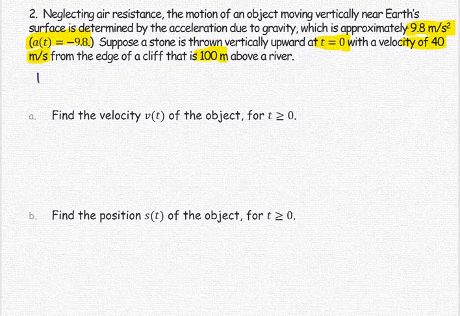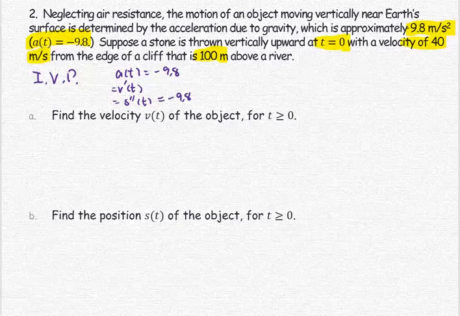For this problem, the initial value problem is of the form a(t) equals negative 9.8. The a is the velocity prime, v prime, and also the same as s double prime at t equals negative 9.8.